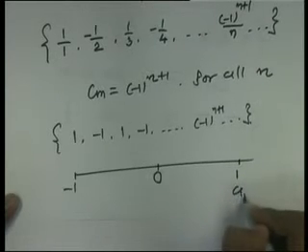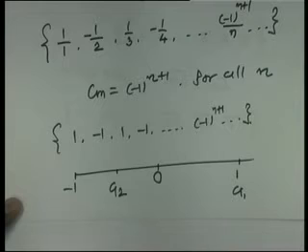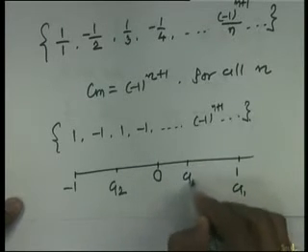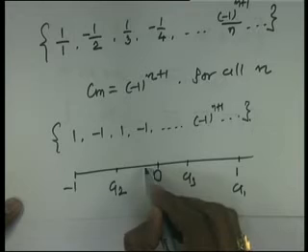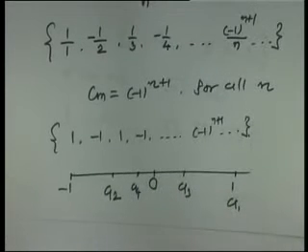The first term is a1, the second term is a2, the third term is a3, the fourth term is a4. Here we can see that the approach of the sequence is going to 0. That means this sequence has a finite approach.